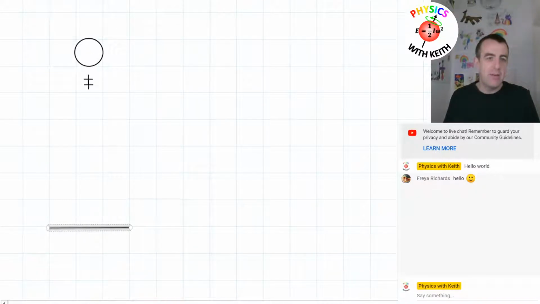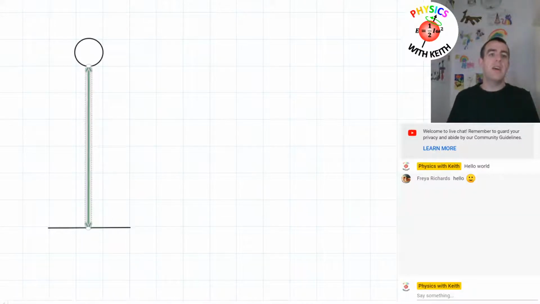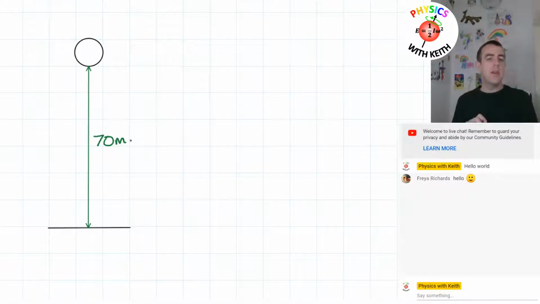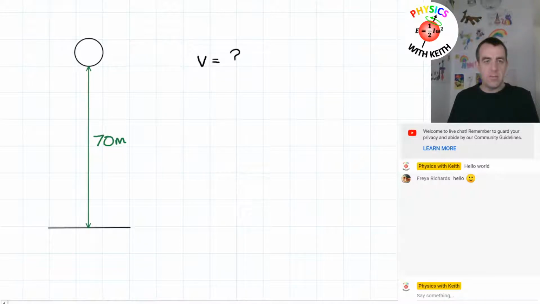I'm sure you have. And it's above the ground. Let's pick a height. Let's say that it is 70 meters above the ground. And we're going to ignore air resistance here. And giving no other information whatsoever, I would like to know what speed it hits the ground.